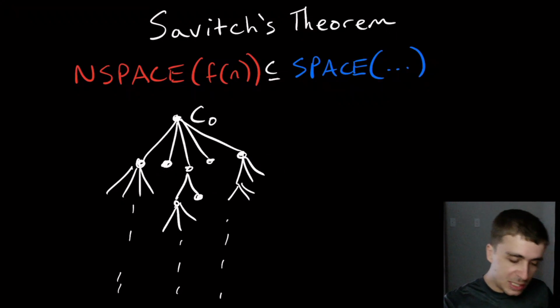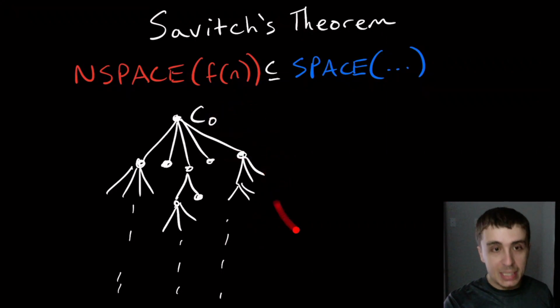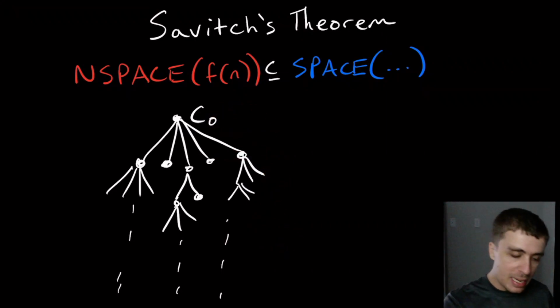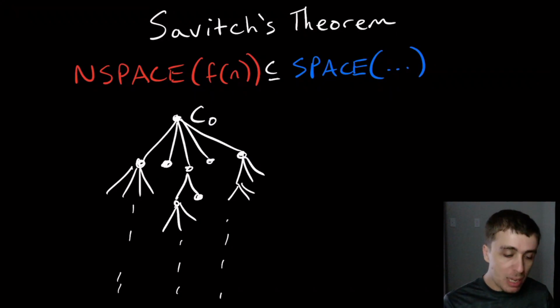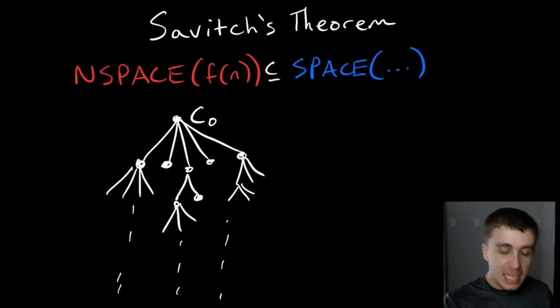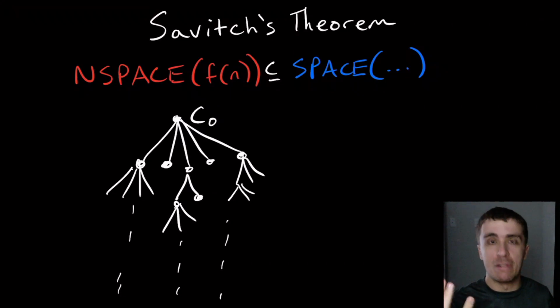What is the height of this tree? It's going to be something along the lines of f of n. How long could this tree possibly go on for? Well, what is the amount of space that we're allowed? We're allowed f of n space, or at least a constant times big O of f of n.